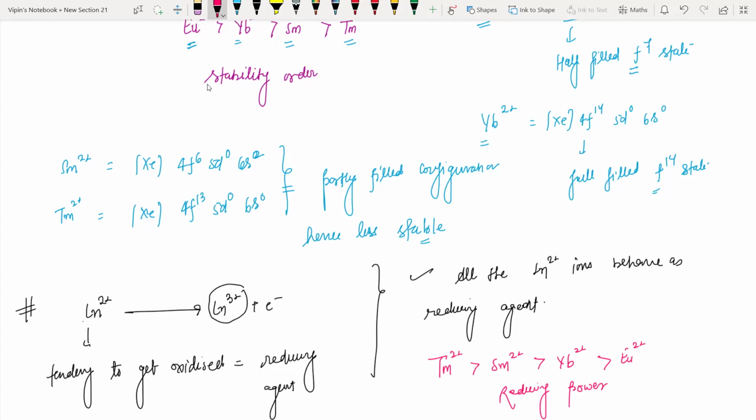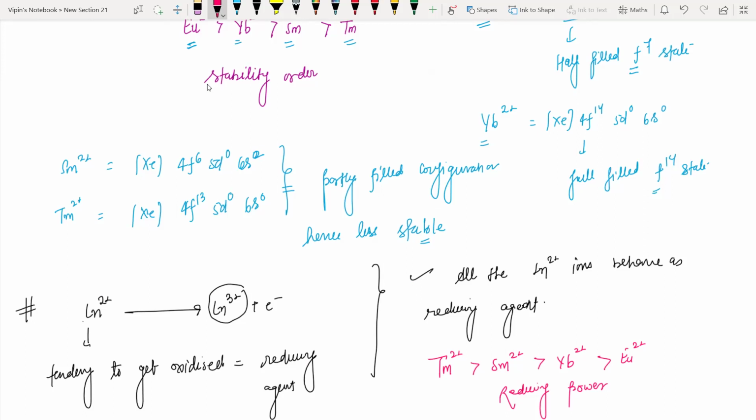Why is this so? Because the +2 oxidation state of europium is most stable. Therefore, it has less tendency to get converted into the +3 oxidation state. It means it has less tendency to get oxidized as compared to Tm, Sm, Yb. It means it has the least reducing power.